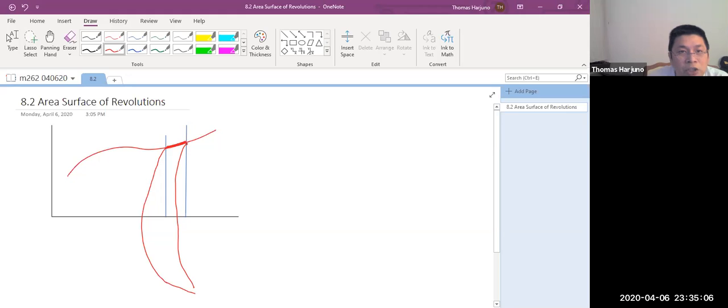Now, when I revolve that with respect to the x-axis, then it looks like a shell, right? It looks like a shell. Now, what is the area? The question is, what is the area of this shell?